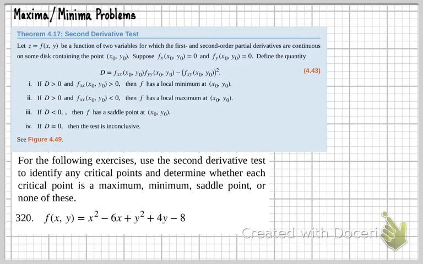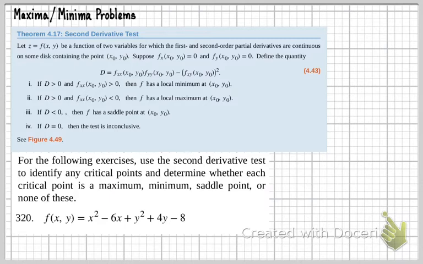Then define the quantity D, this handy formula that we're going to use: fxx times fyy minus fxy squared. This formula comes from what we call the Hessian matrix. If you're interested, you can look that up to get a deeper idea. I'm not going to get into it here because I want you to understand how this all works together.